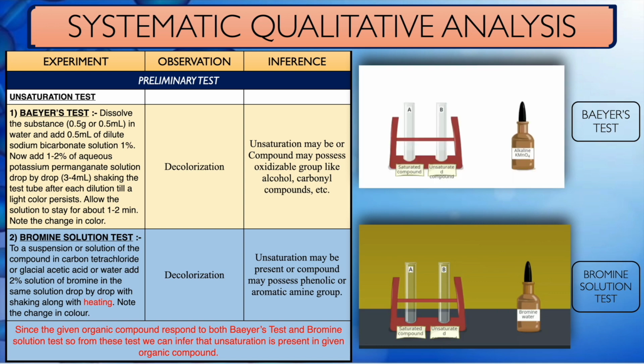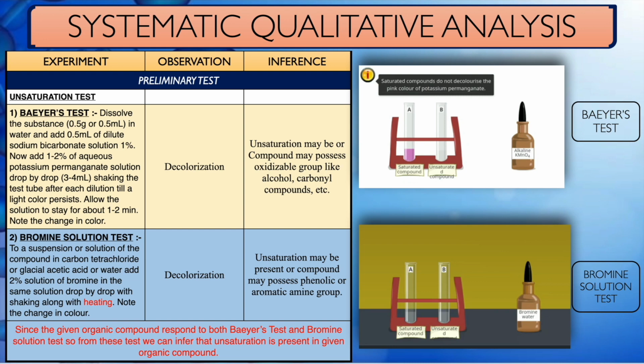Now please observe the first video. We take test tube A, which contains an unknown organic compound, and subject it to alkaline potassium permanganate. After shaking, we can see that decolorization is not taking place, and henceforth the compound is a saturated compound.